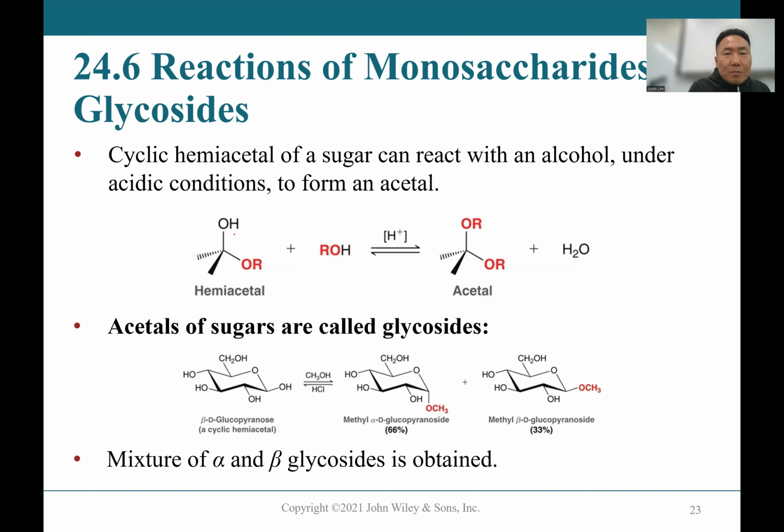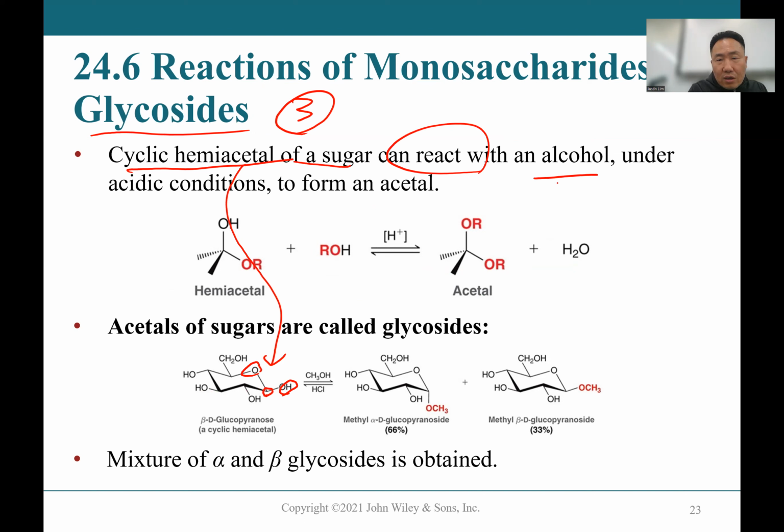Okay, next, let's make a glycoside. Glycoside. A cyclic hemiacetal of a sugar: on the same carbon, you can see OH and OR groups. A cyclic hemiacetal of a sugar can react with an alcohol under acid condition, in this case HCl, to form an acetal.